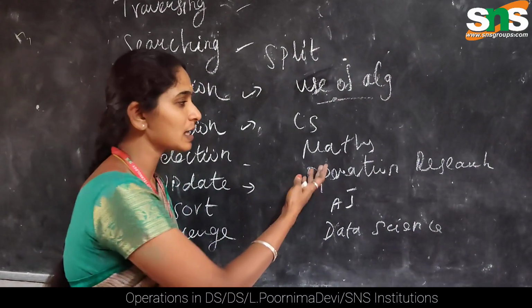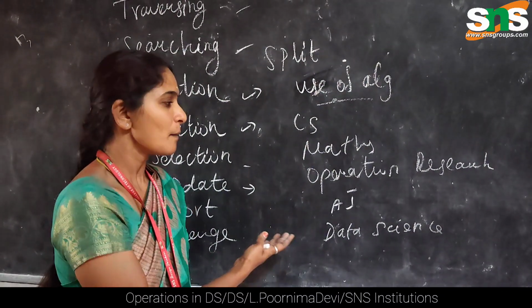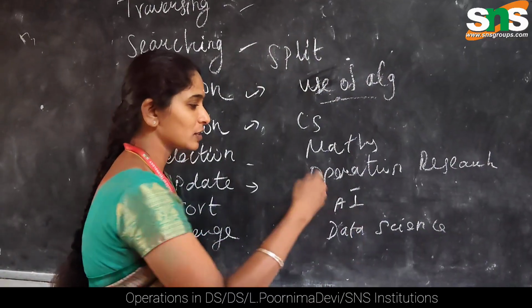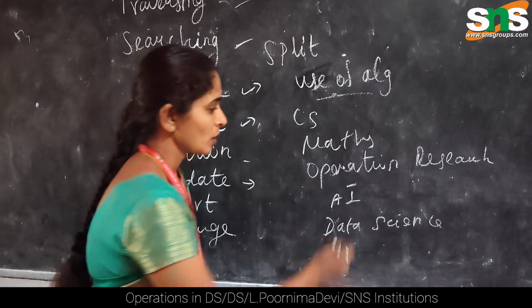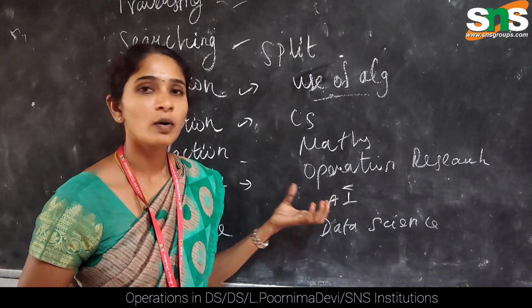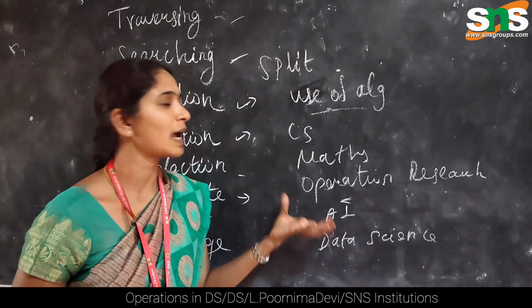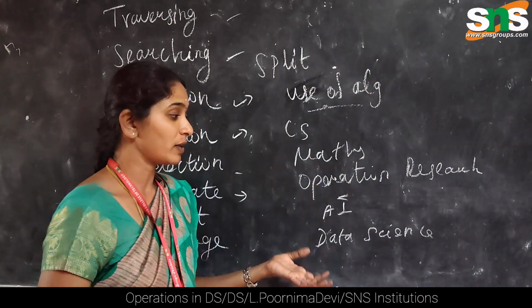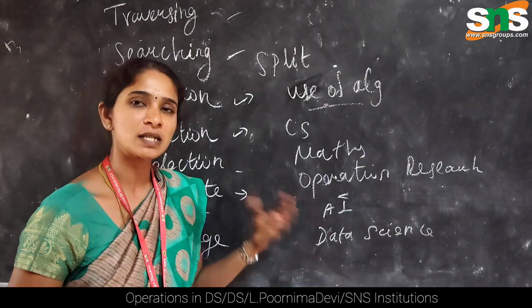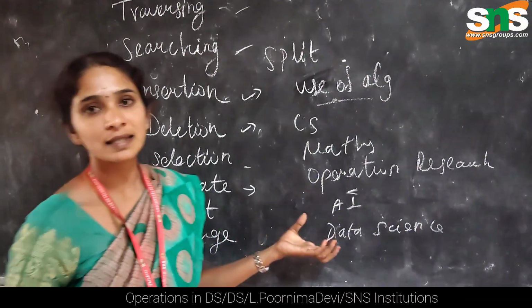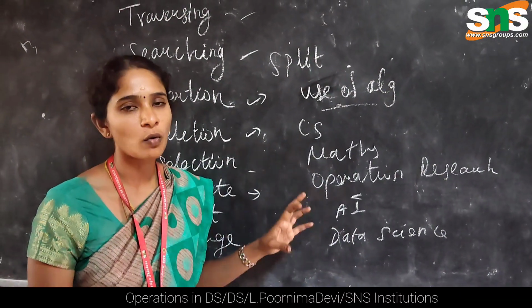These algorithms are also used in mathematics, operations research and AI. Without AI we cannot access any data from Google Cloud, so for AI we also use data structures and data science. So we use many algorithms and applications with data structures. So these are all the processes.